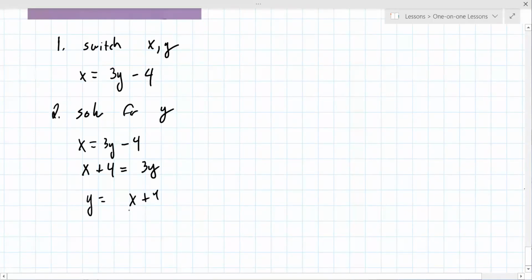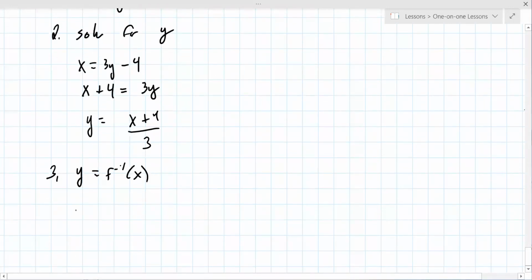I don't know if it's really a step, but you say y is really f inverse of x. So you have your inverse function. f inverse of x is (x plus 4) over 3.